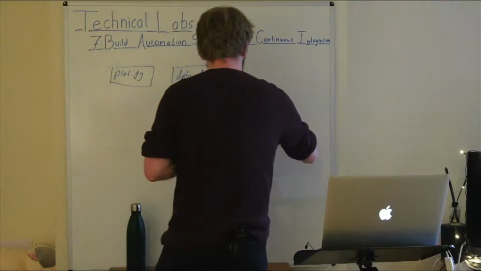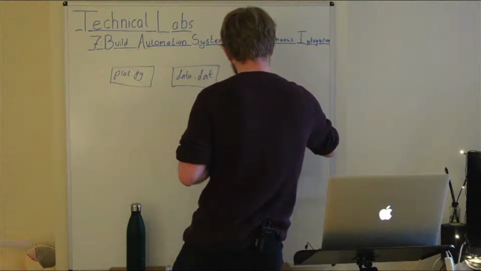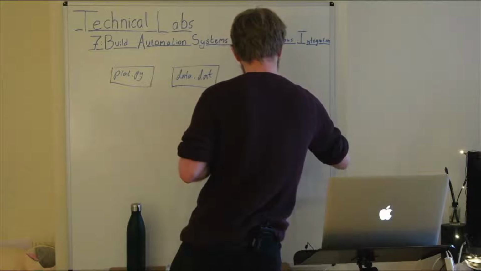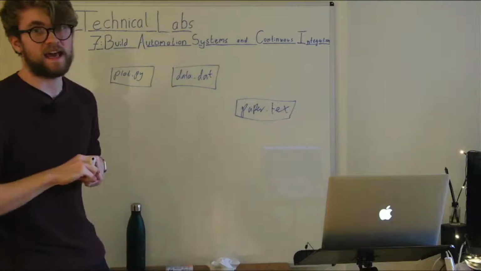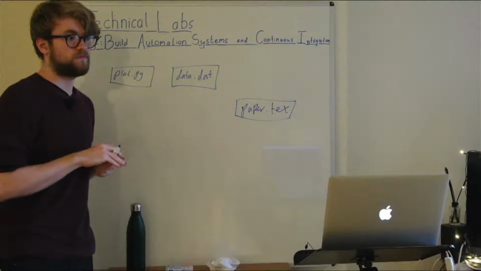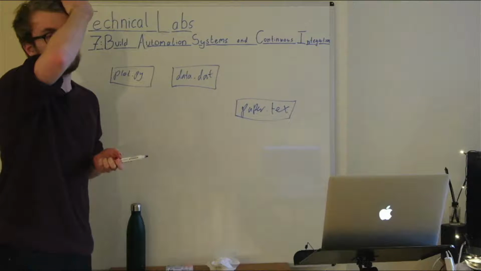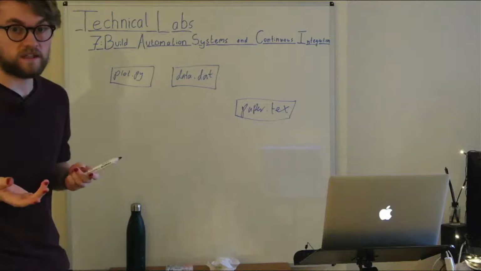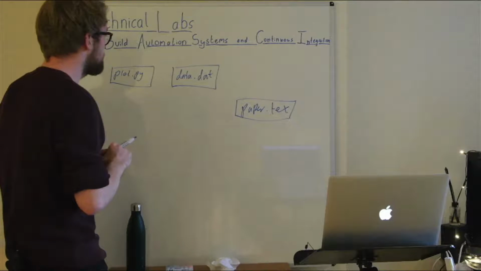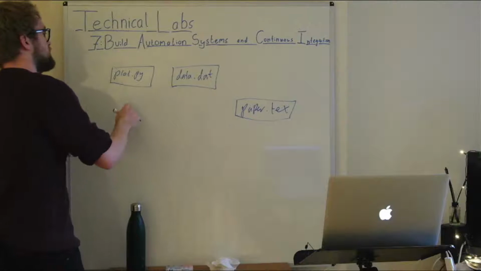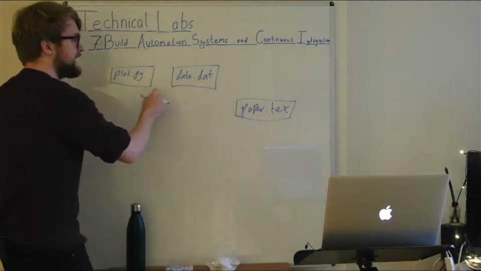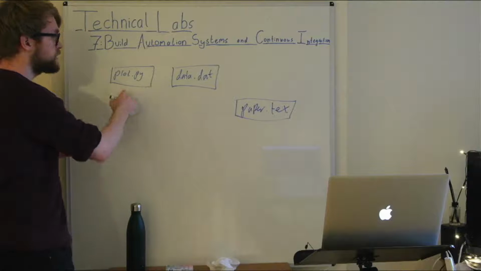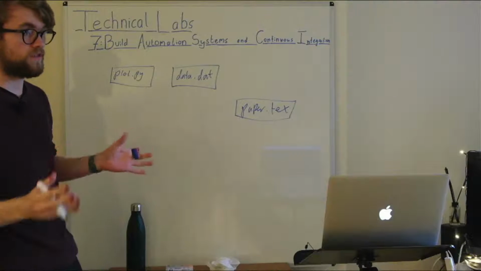And then we also have some LaTeX code. LaTeX is a programming language for making documents. In this case, we're going to be making a PDF document. So these are all dependencies. They're base level dependencies because we've got them in files, right? We've just got the files.